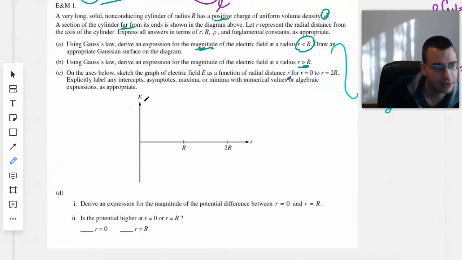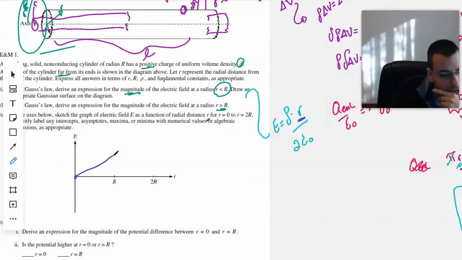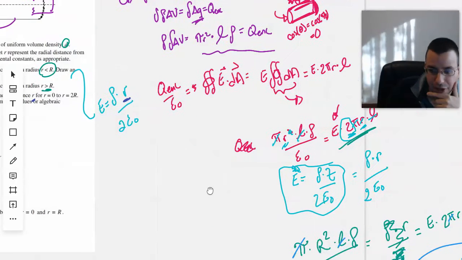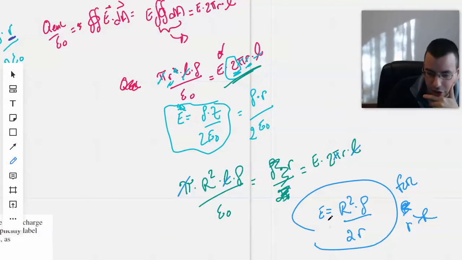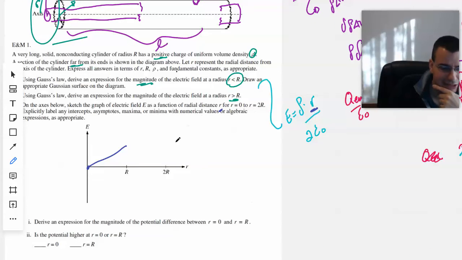So the first equation we're going to have is this one. We start at r equals 0, and it goes up linearly, because everything here is a constant except for r. It goes up linearly until we get to R, and then once we get to R, it'll go down as 1 over r.